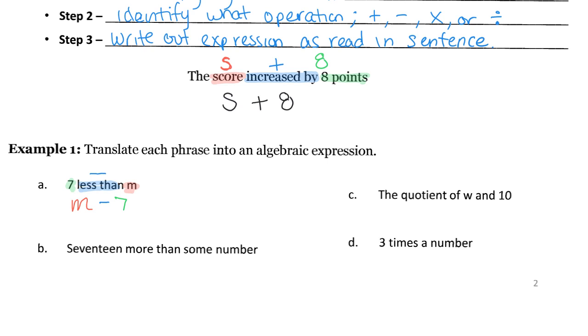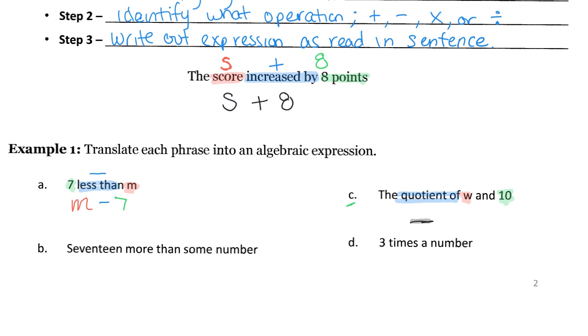So I want to jump to C, and it says the quotient of W and 10. You would write that as division. So in division, I would probably use a fraction bar.